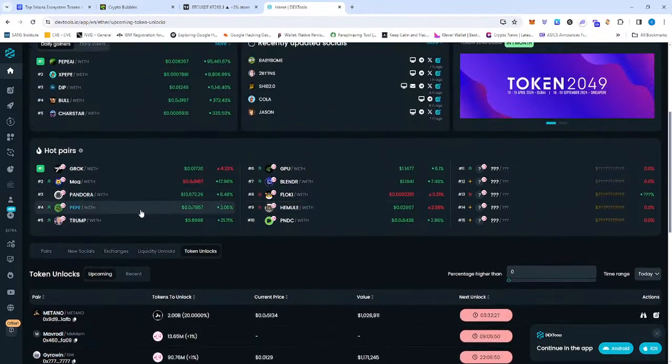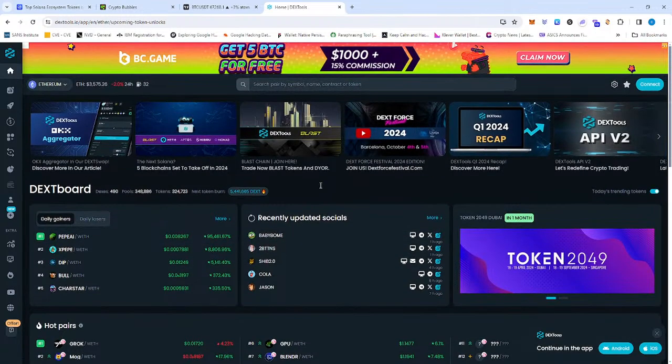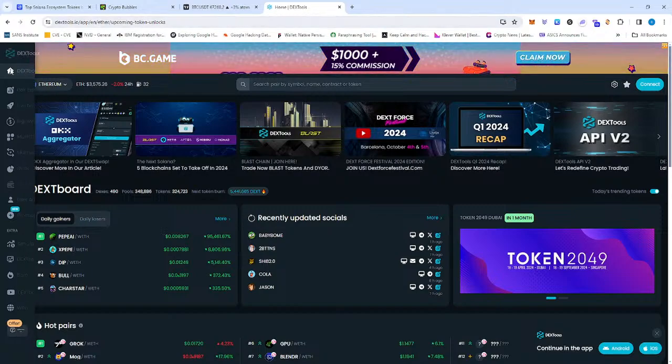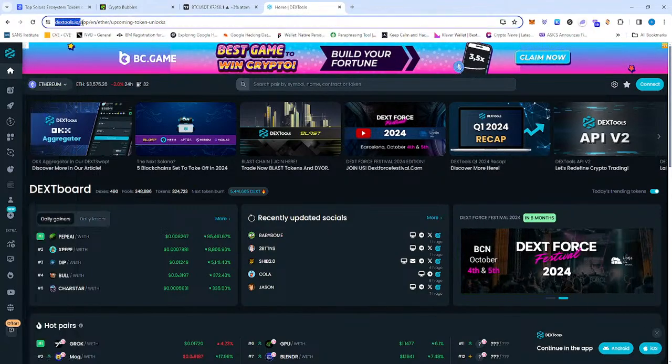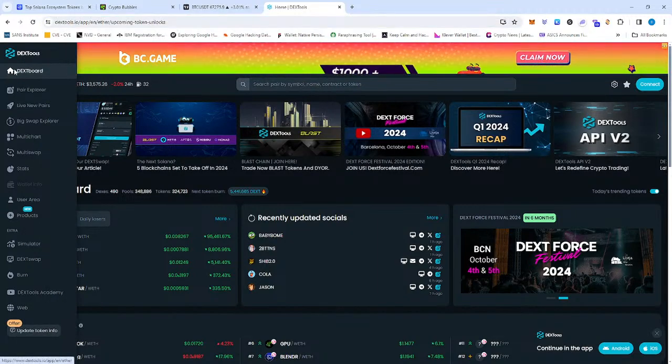So this is a good site to use when you're trying to play with some of these meme coins, so you can find out information about them. And that website is dextools.io. You type that in, it'll take you to the front page.